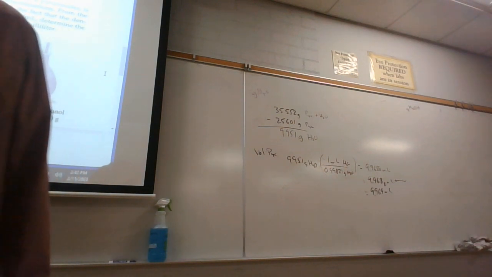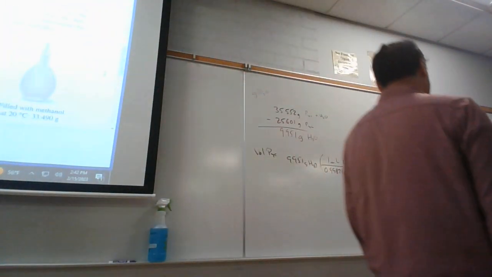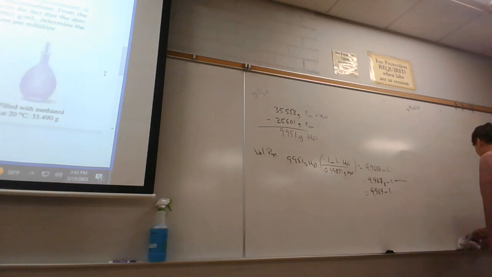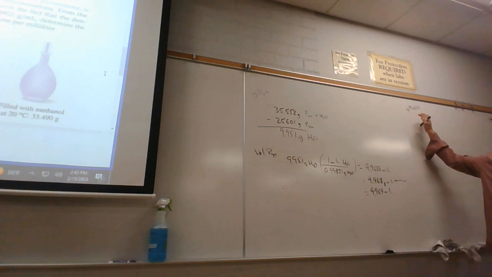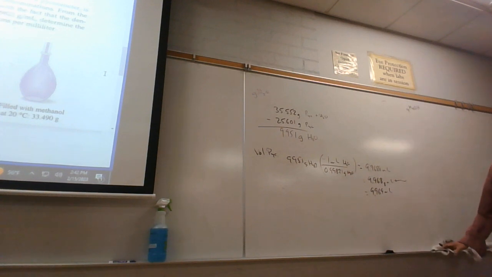So how much does it take to kill you is always tricky to determine. And so the LD50 would be good. But anyway, methanol is a bit dangerous, and it's not the alcohol that's found in alcoholic beverages.